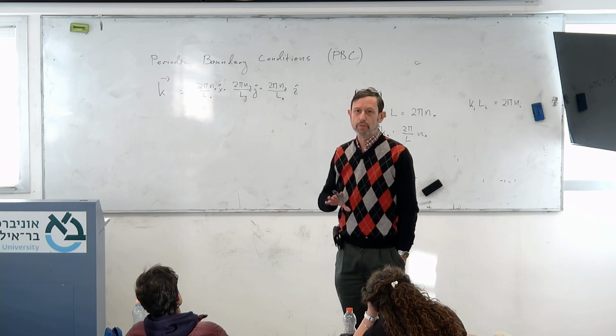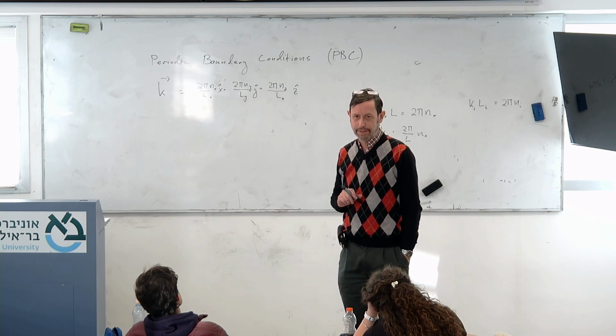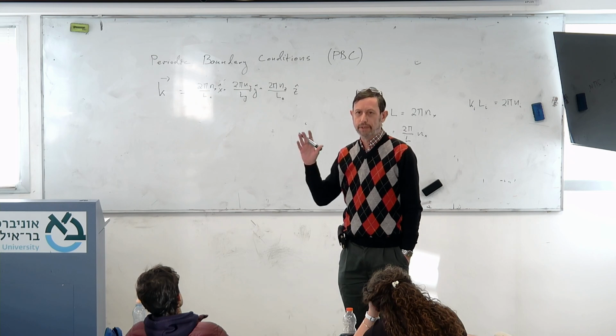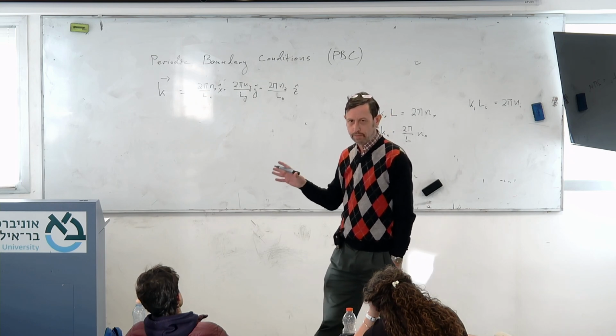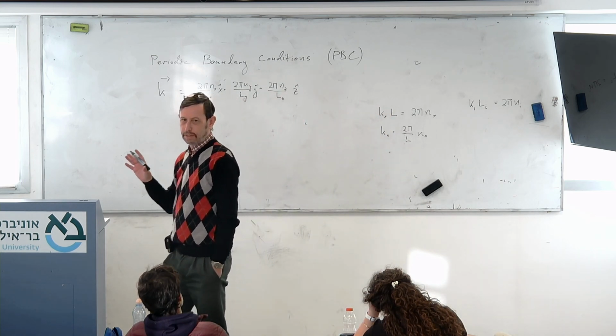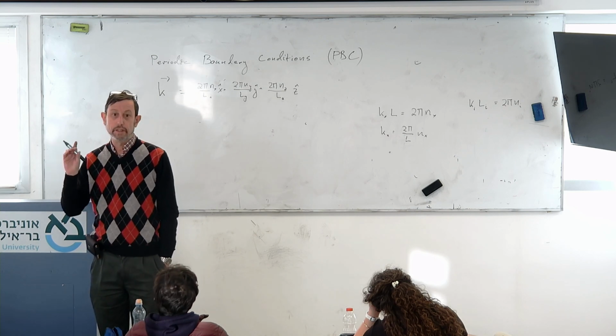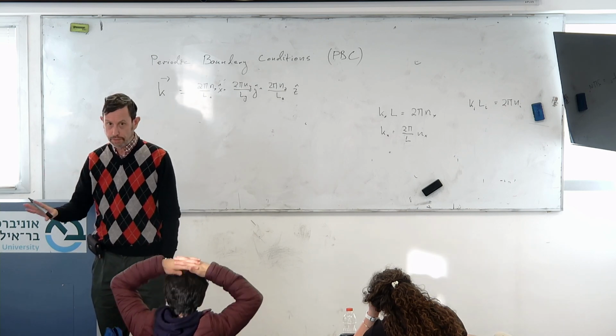That's enough to change the eigenvalues and the eigenvectors of the momentum space to something that is discrete. It's still infinite.